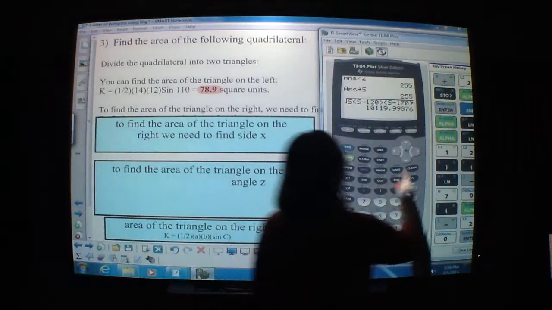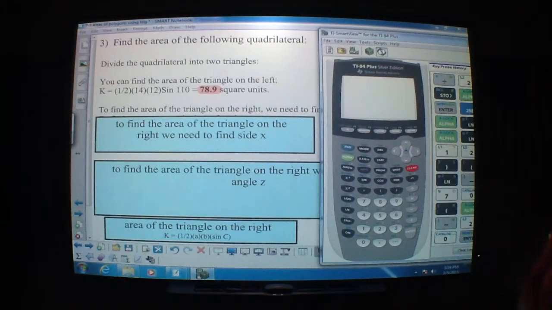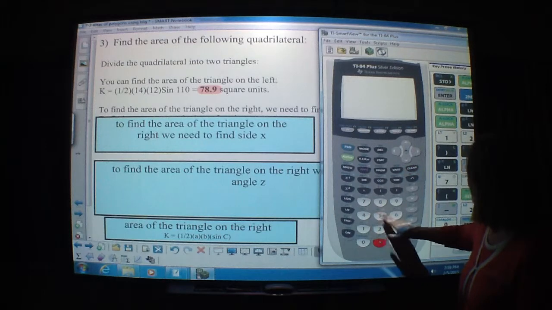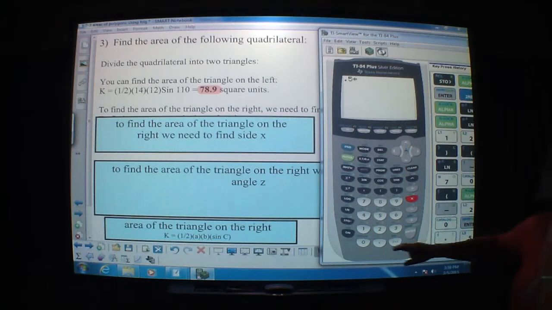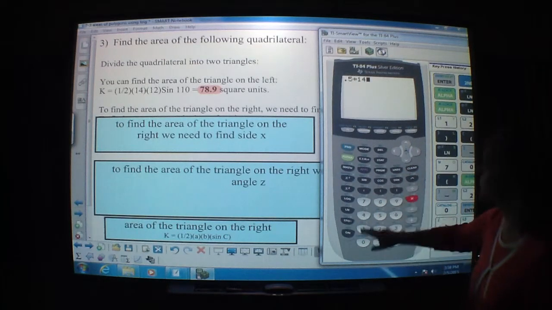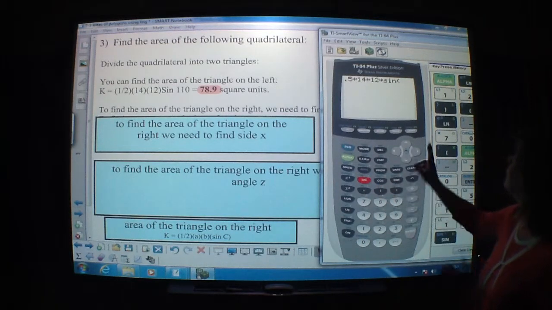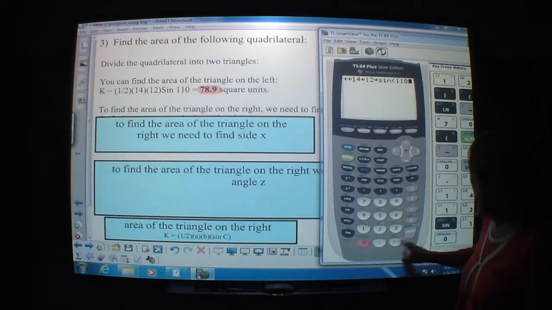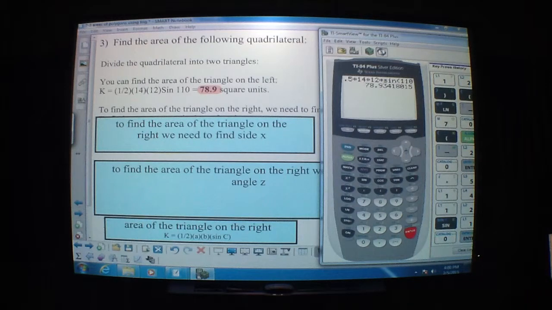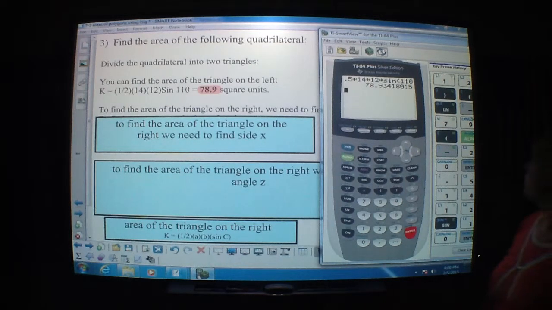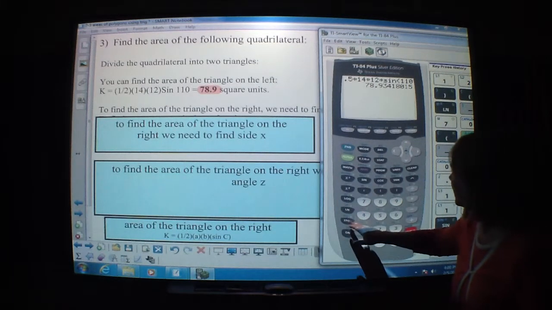Just so you can see. So if I was putting that in my calculator, I would have a half times a side times the side times the sine of my included angle. And there it is right there. Okay? That's one area. I'm going to store it in K. How's that?